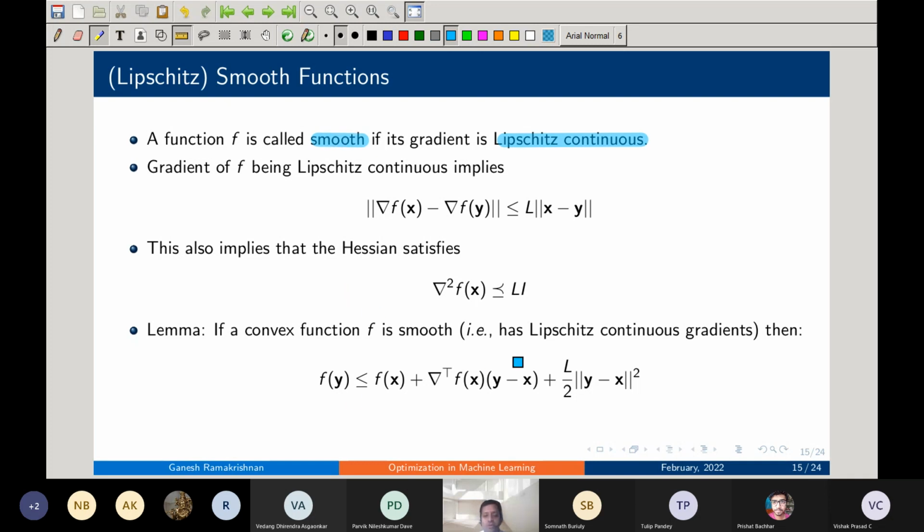So if the function is smooth, then we are saying f(x) plus this linear term plus a quadratic term is upper bounding f(y), right? This is a quadratic upper bound. Okay.